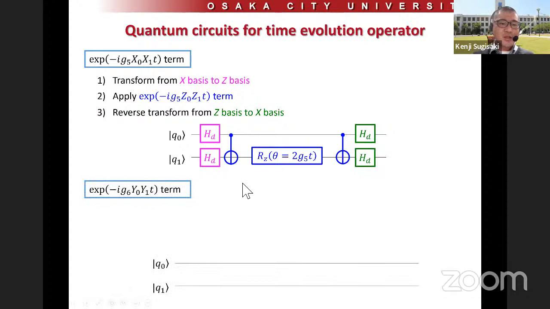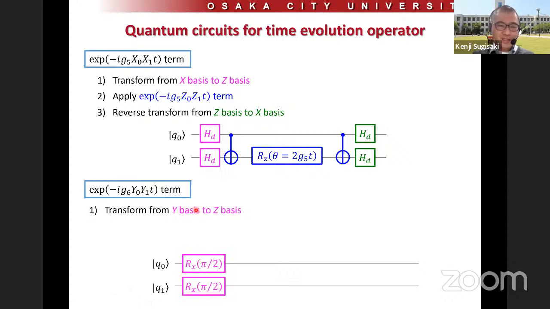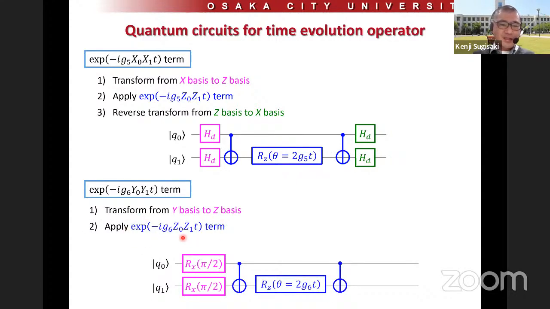In the case of the Pauli Y operators, we again transform the Y basis to the Z basis by applying RX with the rotation angle theta equal to pi over 2. And then apply the exponential minus i g6 term.